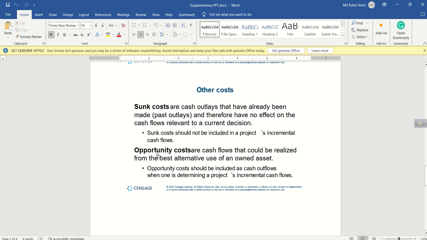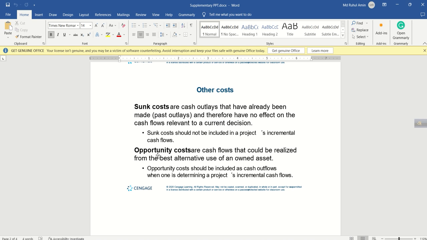Second, opportunity cost. Think, if you have something already and if you do not invest in it, you can still earn money. For example, say you have a building and you are thinking to use that building as your manufacturing facility. If you do not establish your manufacturing facility in that building, you can still rent that building to someone else and earn money.